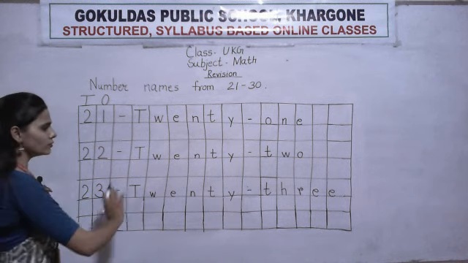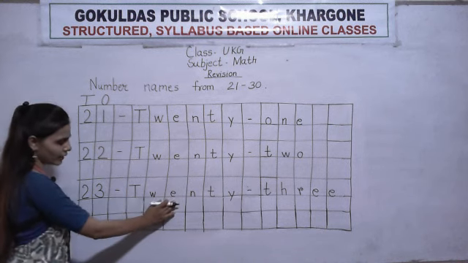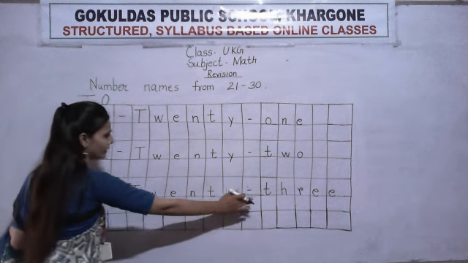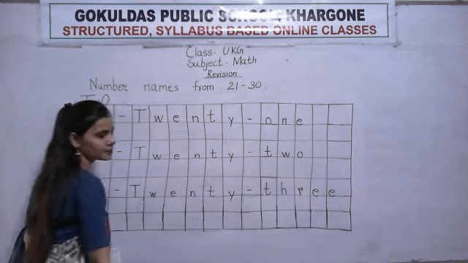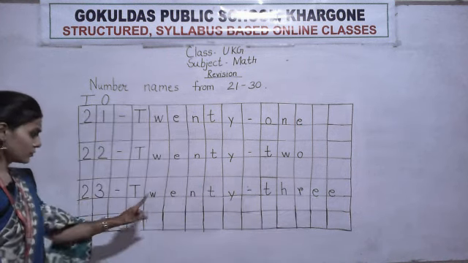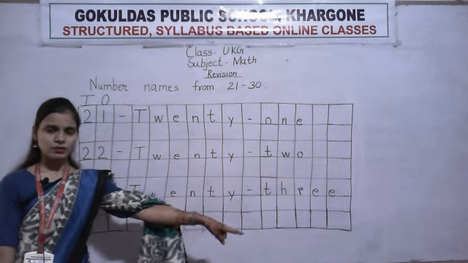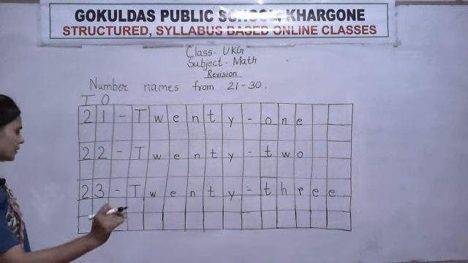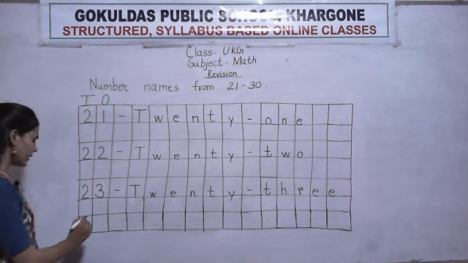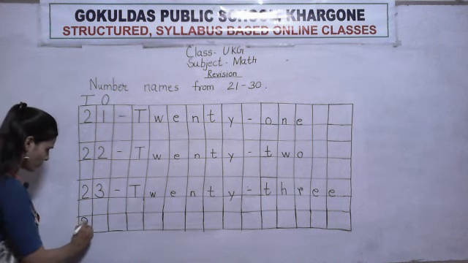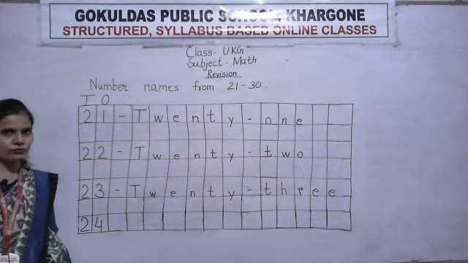You join both spellings: TWENTY THREE. 23. Okay.